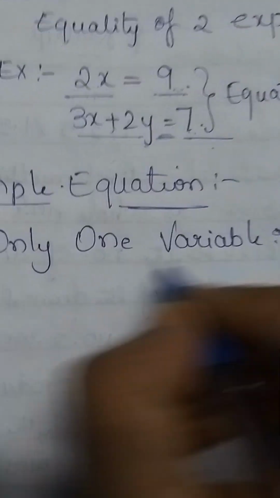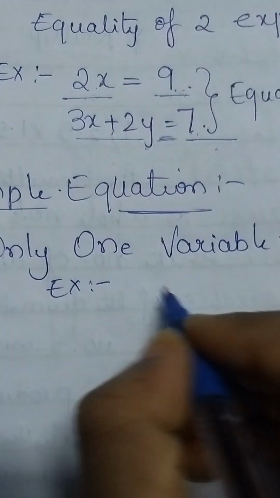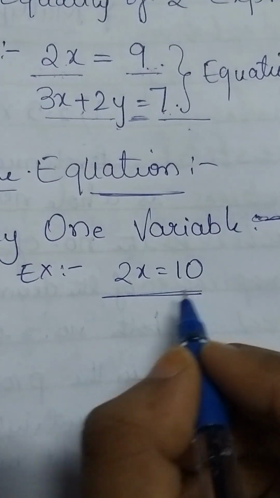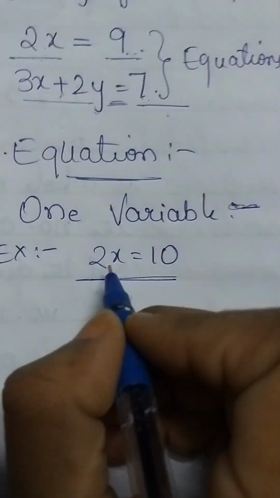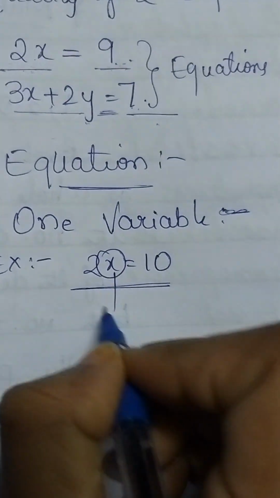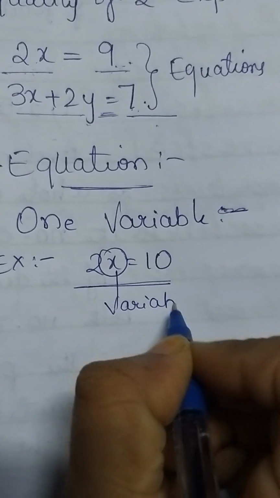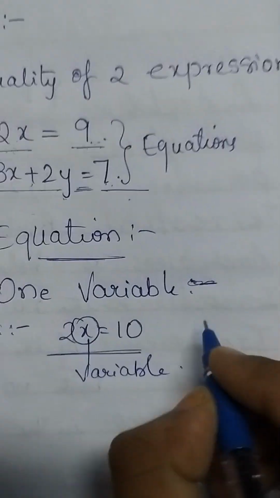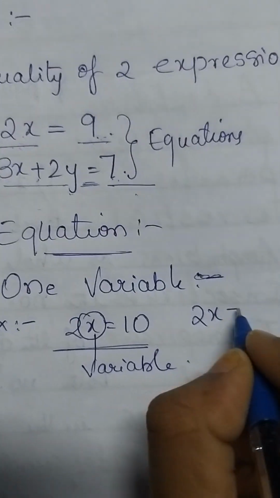For example, 2x equal to 10. This is called, children, a linear equation having only one variable. This is called a simple equation. Okay children, like this we can write it as 2x plus 5 is equal to 0.